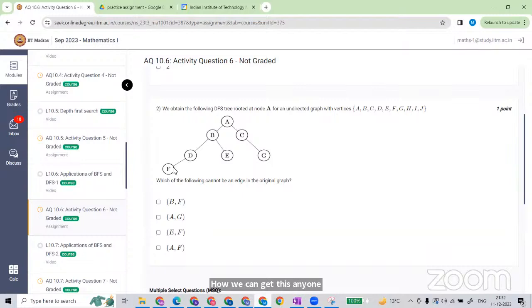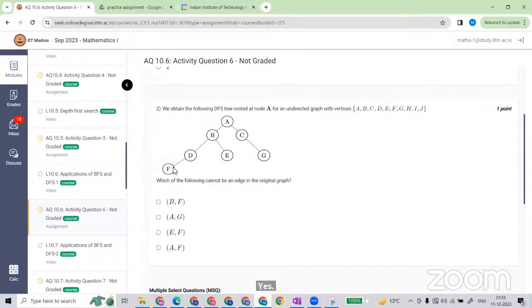That is a rule in DFS. In DFS, we can have an edge between nodes in the same branch. No, that is for BFS, no? For BFS, if you have two different levels, then we have an edge between level i and i plus 1.